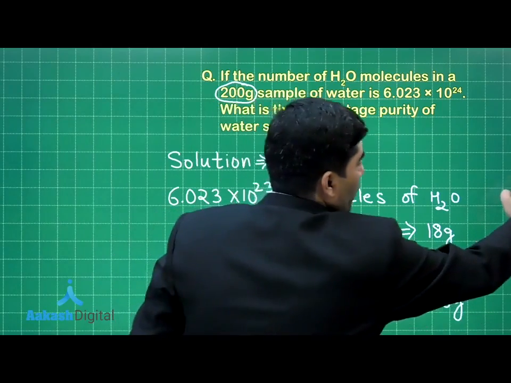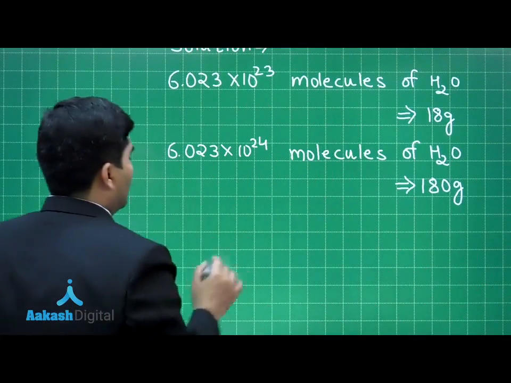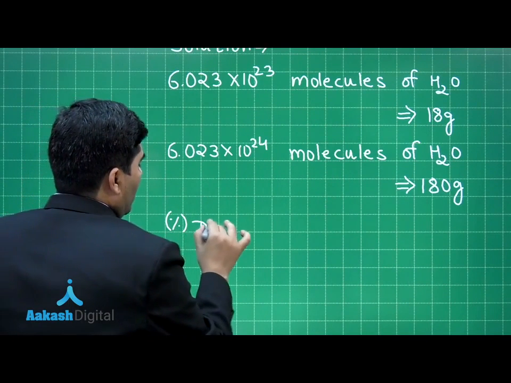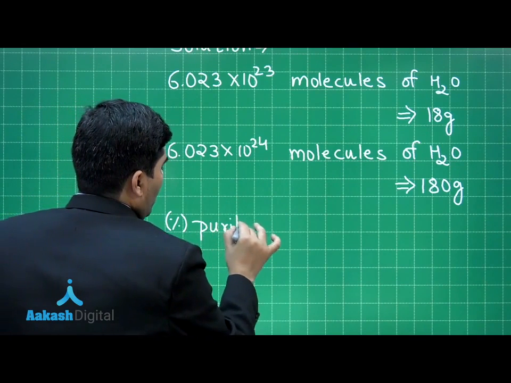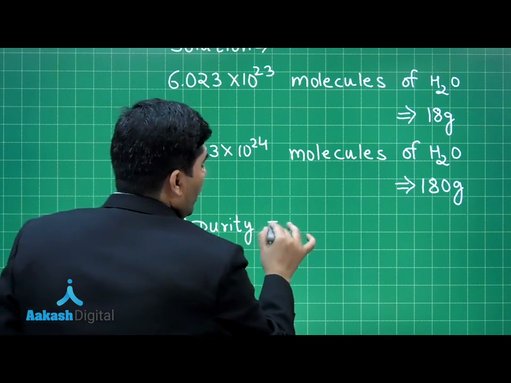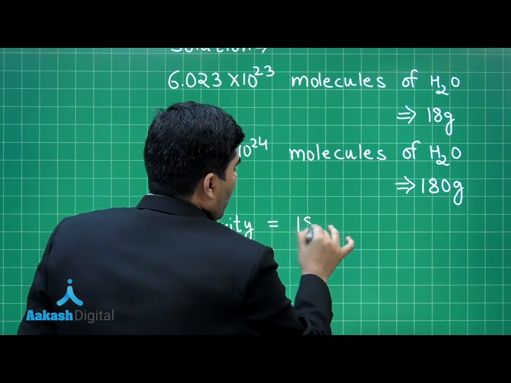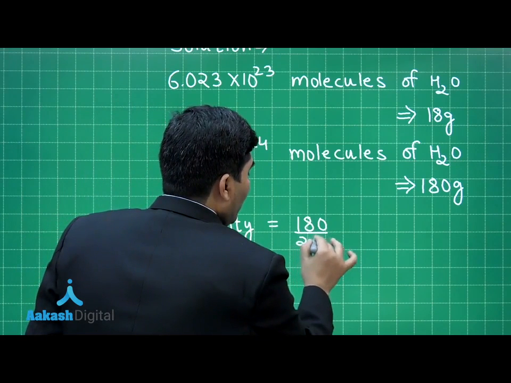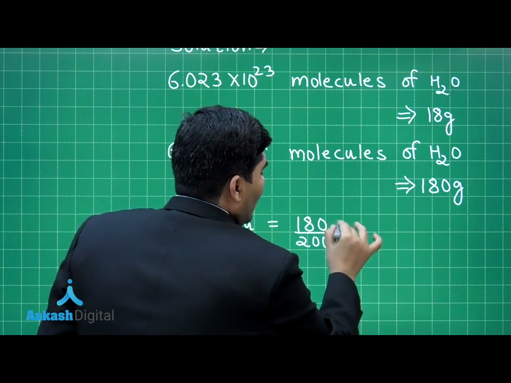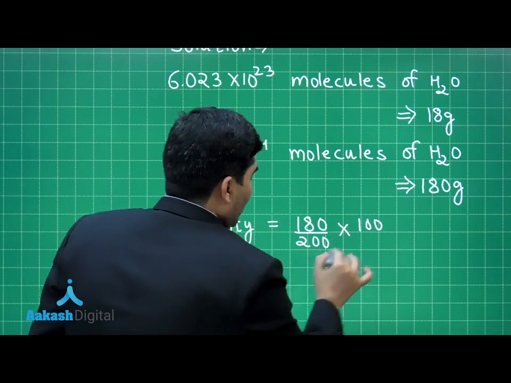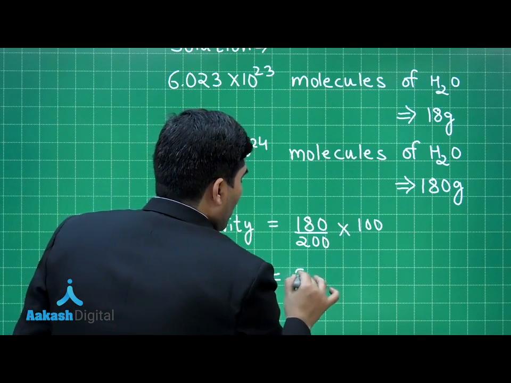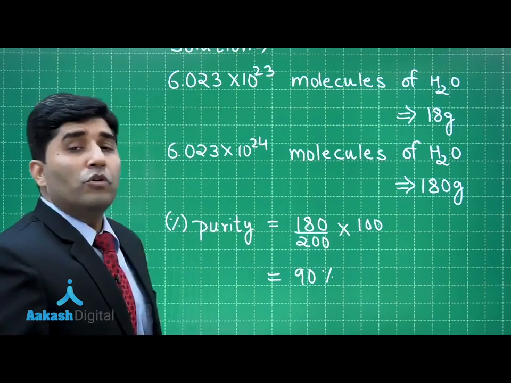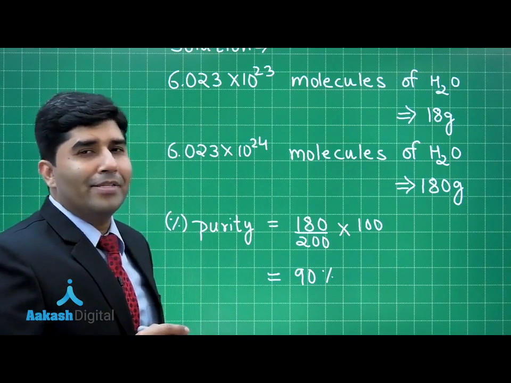So the percentage purity will be equal to 180 divided by 200, multiplied by 100, and that comes out to be 90%, right? So we'll solve these types of problems in this manner.